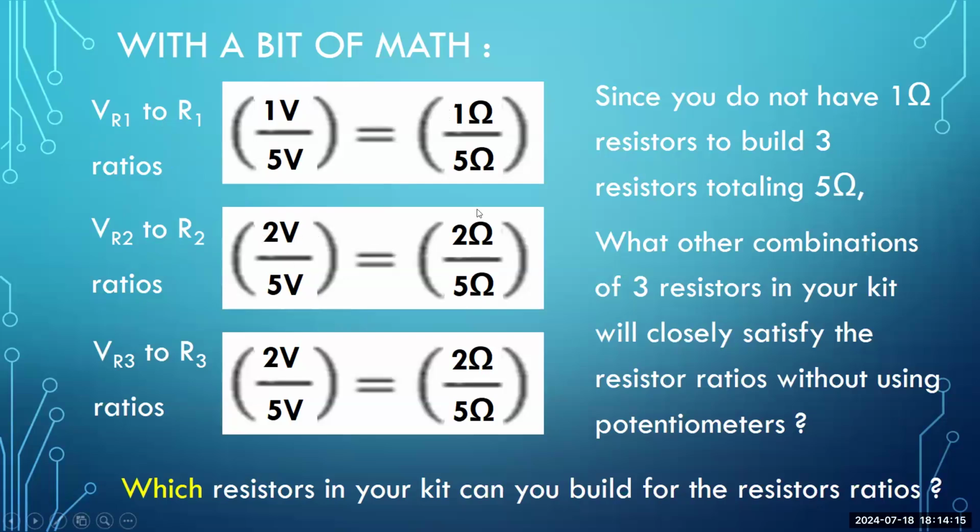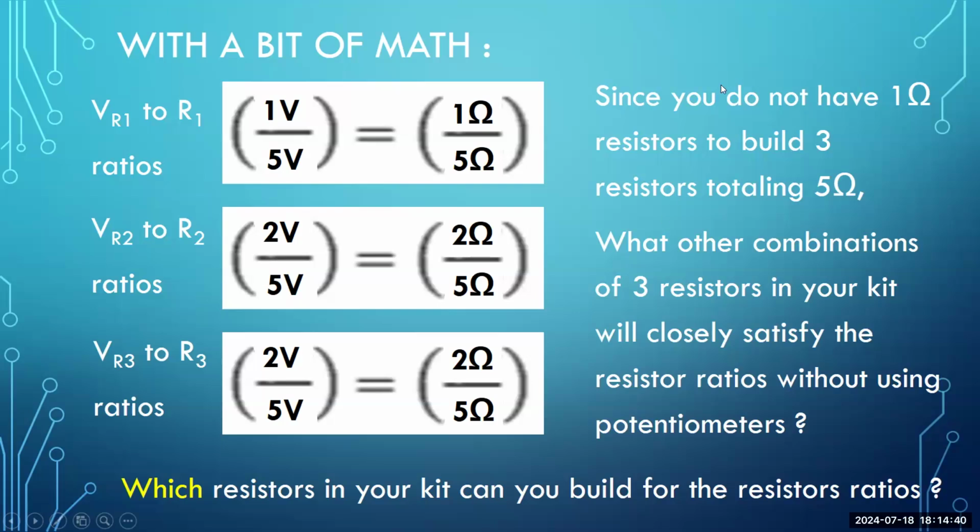Well, 2 over 5 must equal 2 over 5 on the right-hand side, the resistor side of the equation, so we have our numbers there. VR3 we calculated also is 2 volts. So if we pop VR3 of 2 volts into this ratio, 2 over 5 on the left-hand side must equal 2 over 5 on the right-hand side. That's what an equation is.